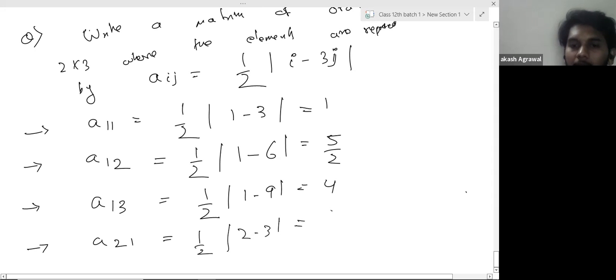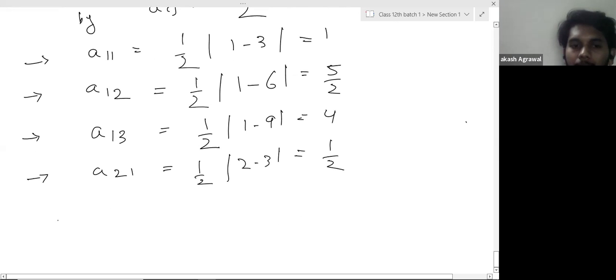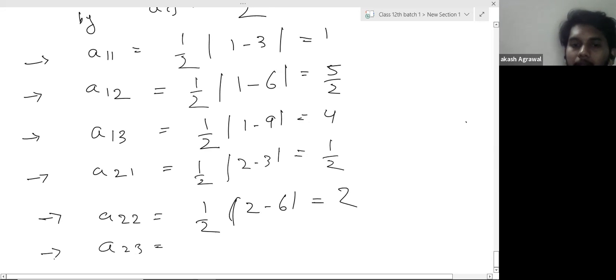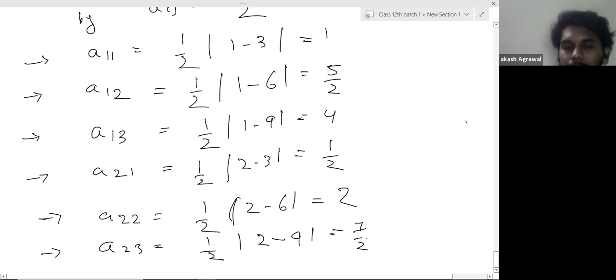So this will be half only. A22, so half mod of 2 minus 6. So the answer is 2. A23 will be half mod of 2 minus 9. So 7 by 2. Clear? Now just put all the elements, you'll get the answer.